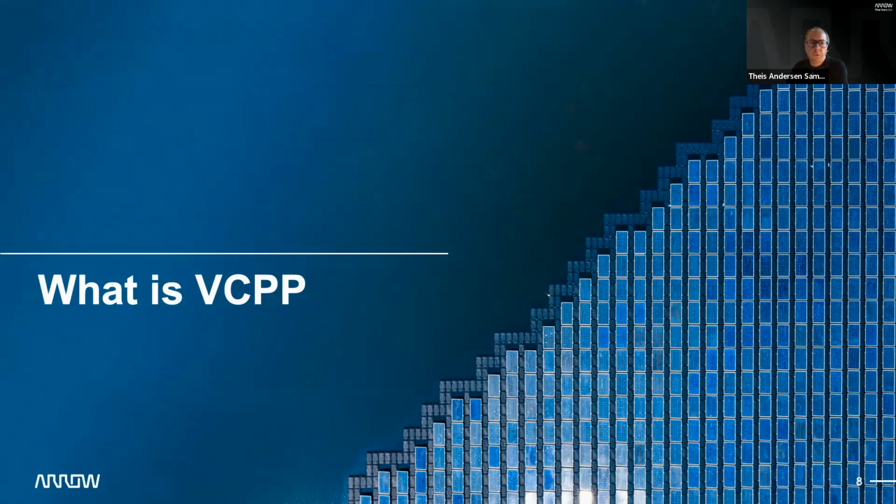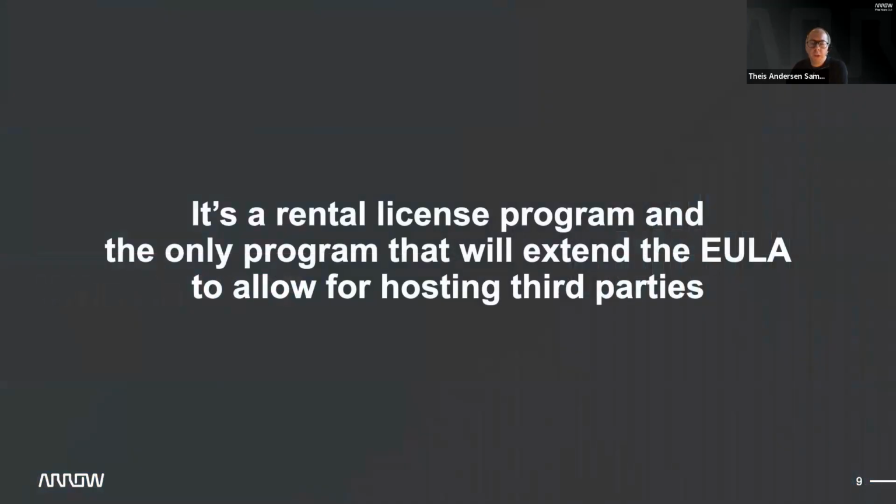So let's go through the rental program, the VMware Cloud Provider program. What is it? It is, as I said, a rental license program. So contrary to perpetual or subscription licensing, this is a pay-as-you-go rental program, and it will also allow you to extend the EULA to actually allow for hosting of third parties. So this is very important.